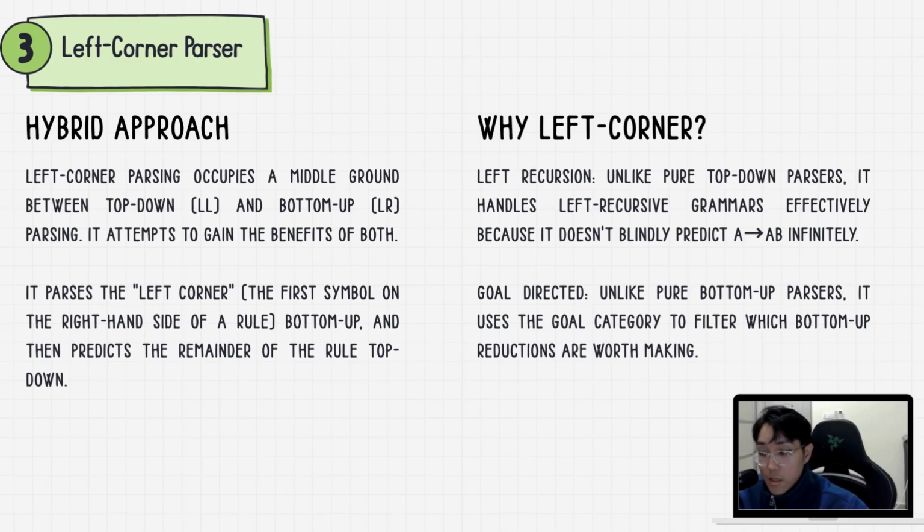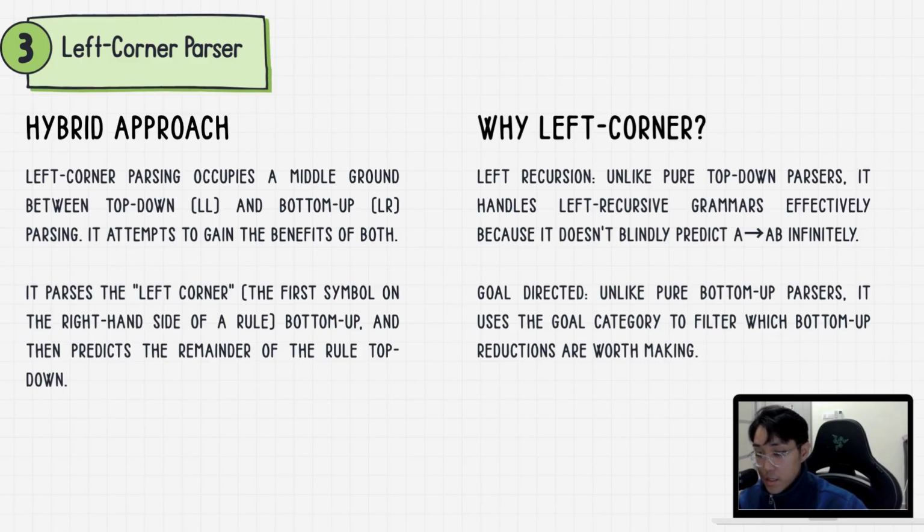Now, why use a left corner parser? One advantage is that it handles left recursion well. Pure top-down parsers would get stuck predicting something like A equal to A B forever. But left corner parsing avoids that by starting from the actual input instead of predicting blindly.